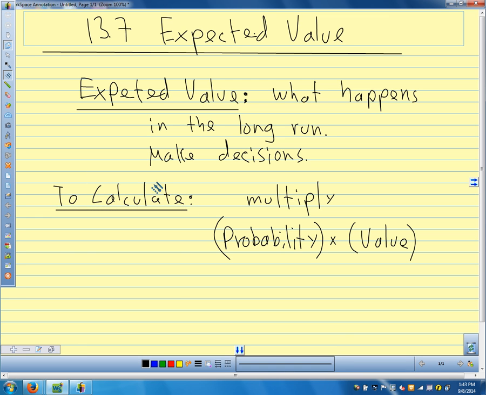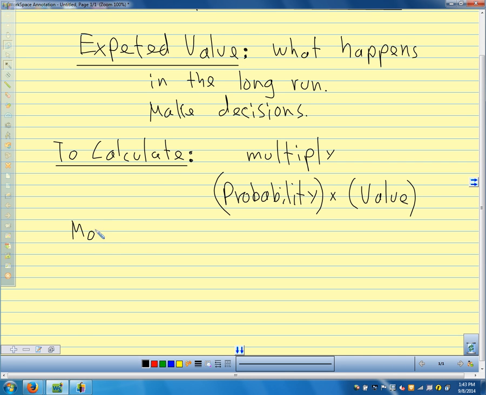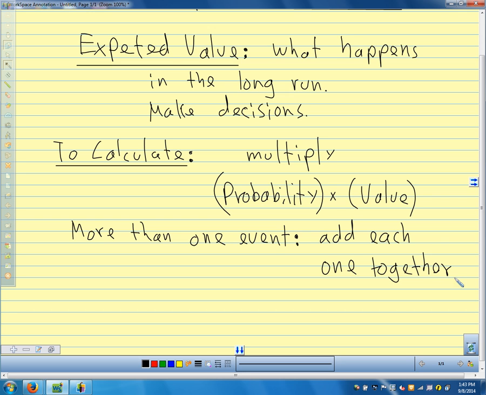If we have more than one event, we calculate the expected value for each one and add. So if we have several things that are going to happen, we just add the different expected values together. And that's all there is to expected value.